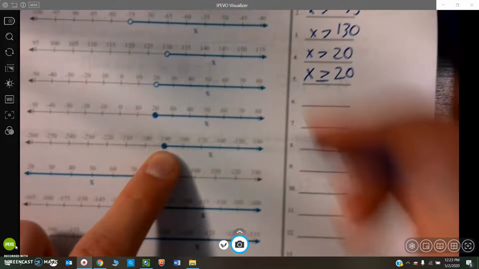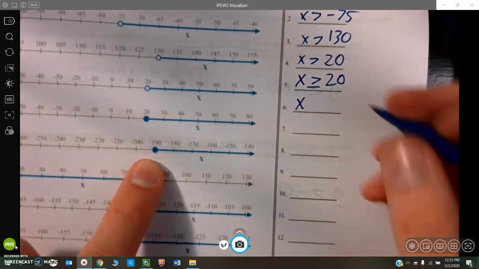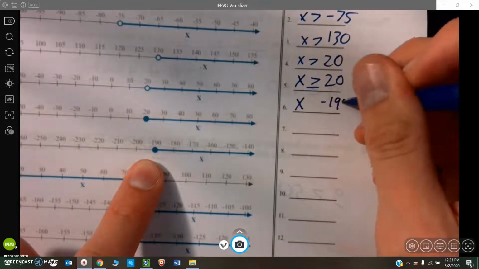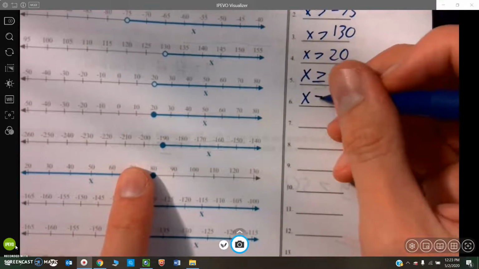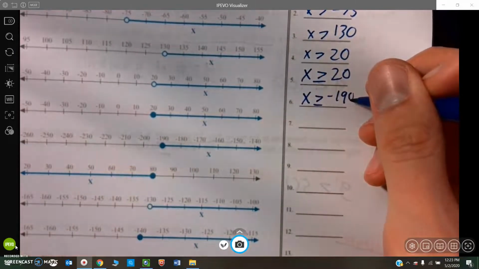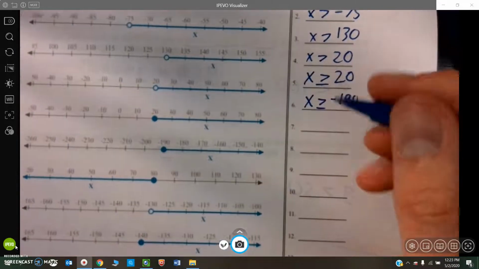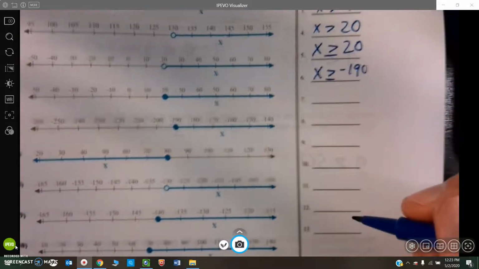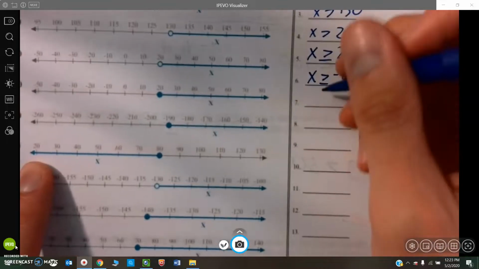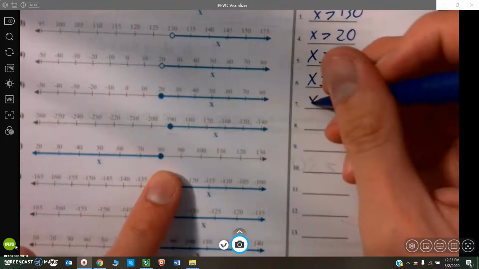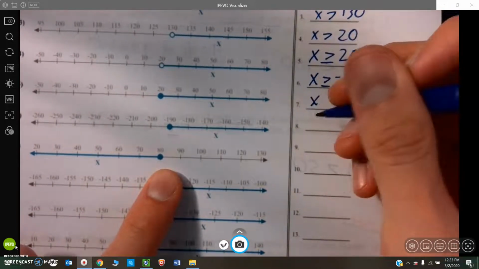Here we've got negative 190, so x starts there, and it goes to the right. So the numbers are getting closer to the positives, they're getting larger, so x could be negative 190 or anything greater than it. X is greater than or equal to negative 190. Number 7, looks like x is starting at 80, and it's going to the left.